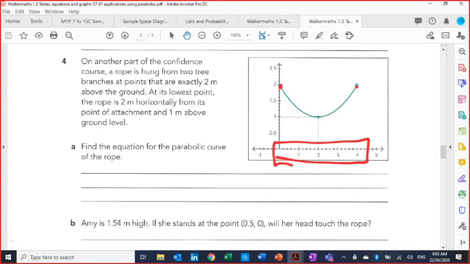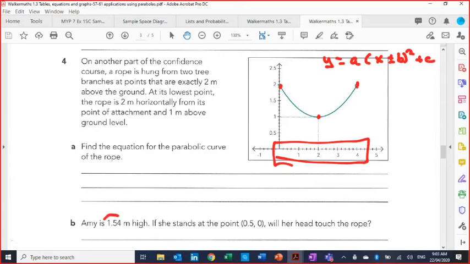It's hung up in the air, and the ground is the x-axis, so it doesn't have any x-intercepts. So we need to find the vertex, and then use that other formula, y equals a(x plus or minus b) squared plus c, to find the equation this time. Okay. All right.